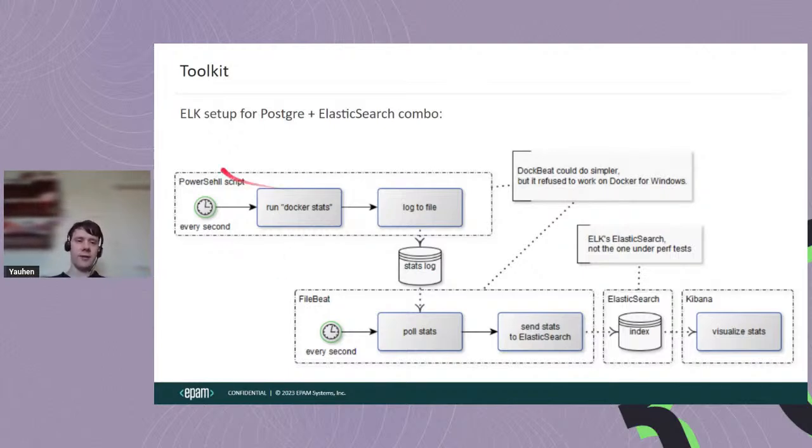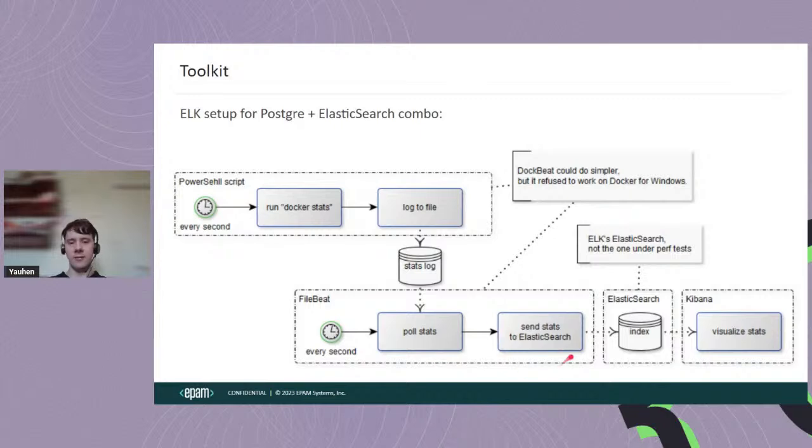And for the combination of Postgres and Elasticsearch, I had to use some nasty solution based on a PowerShell script, which polled the Docker stats command, which was then dumped into a log file. And that log file was fed to Filebeat, which is one of the Beats. And Beats are a lightweight alternative to Logstash in the ELK stack.